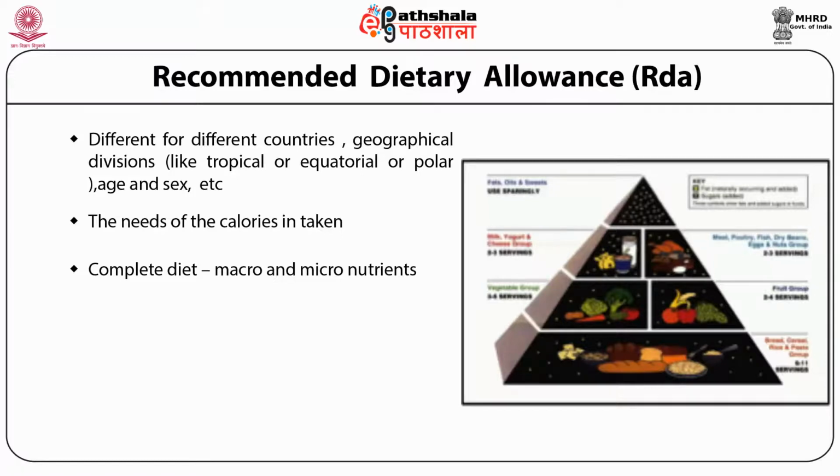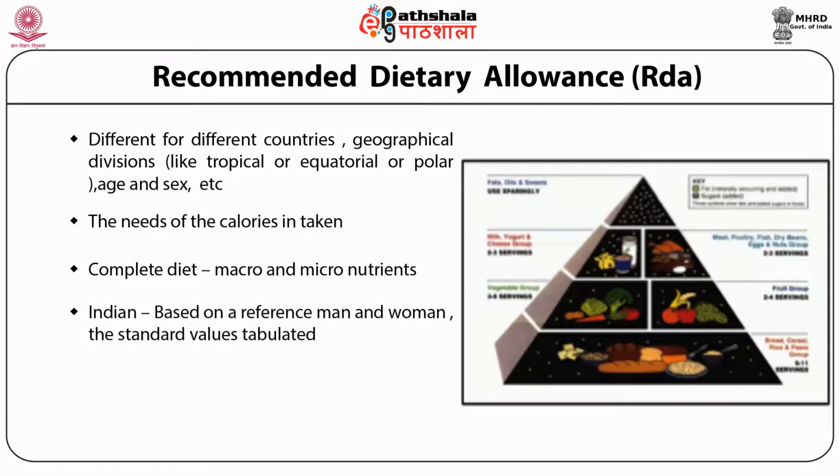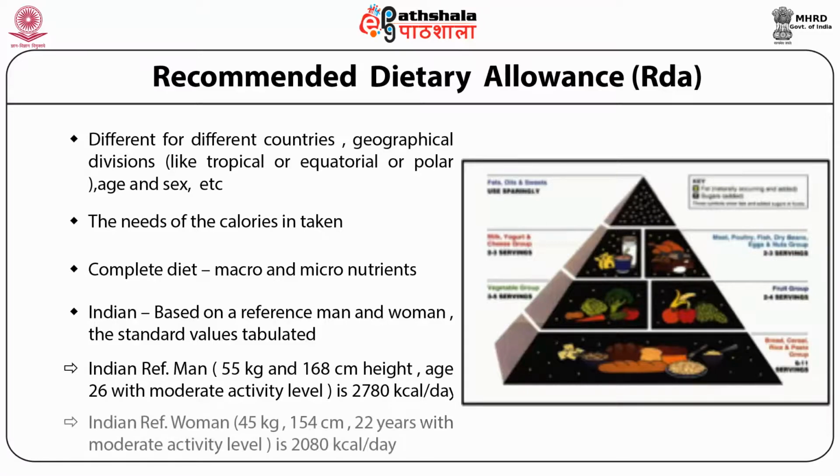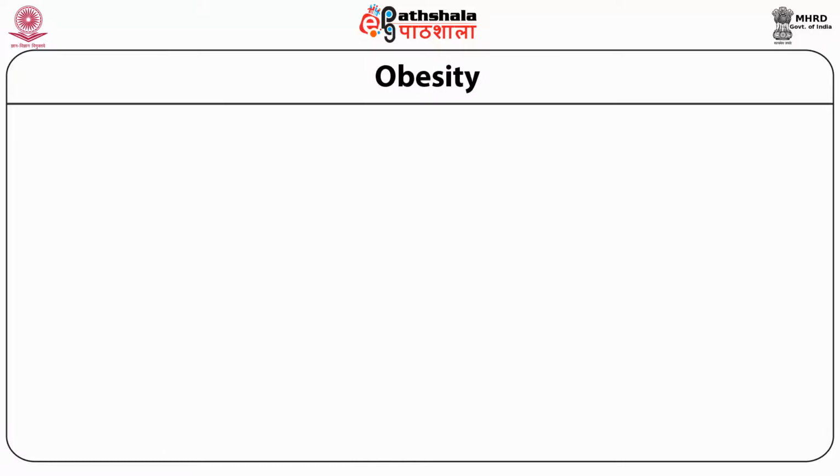Among Indians, based on a reference, the standard values are tabulated, and for the Indian reference man it is 2780 kilocalories per day, and for the Indian reference woman it is 2080 kilocalories per day.